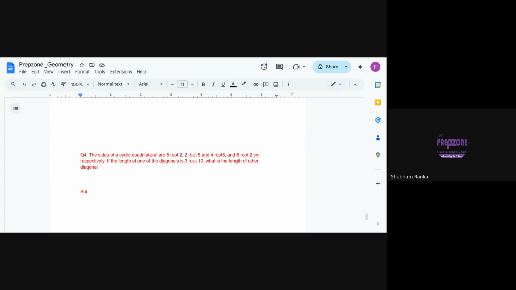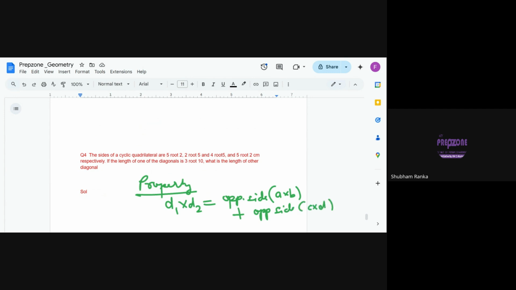Here you will have to apply the property of a cyclic quadrilateral, and the property tells you that the diagonal product is equal to the product of opposite sides. Let's call it pair of opposite sides, A into B plus opposite sides C into D. So see if you can use this property and solve.